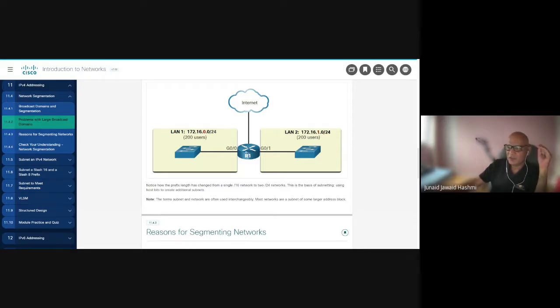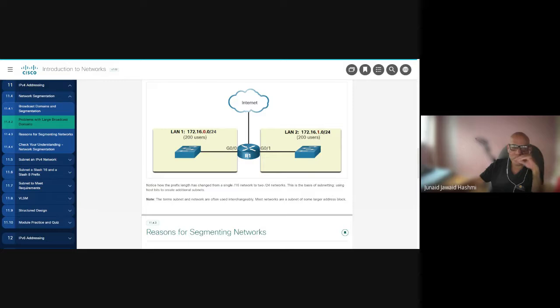So this is what you're going to see in most businesses. You will have a router connected to the internet, and depending on the size of the business, you will have multiple subnets: LAN 1, LAN 2, LAN 3, or maybe just one subnet if it's a small business.